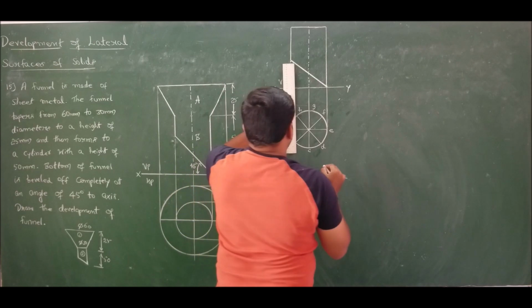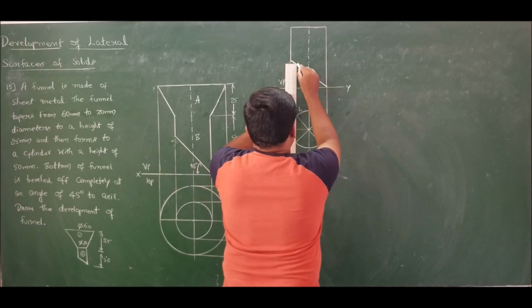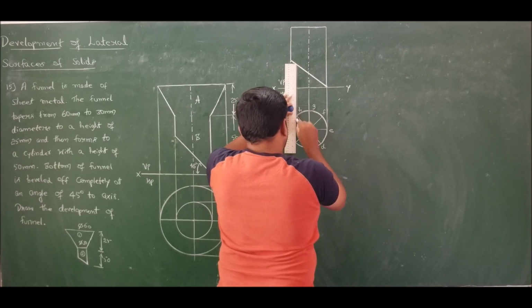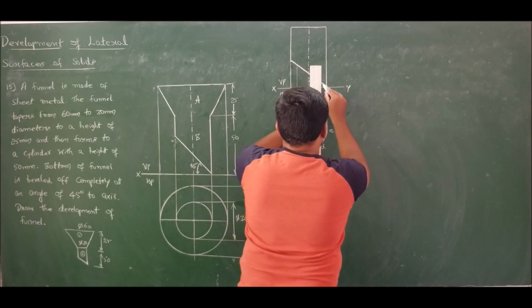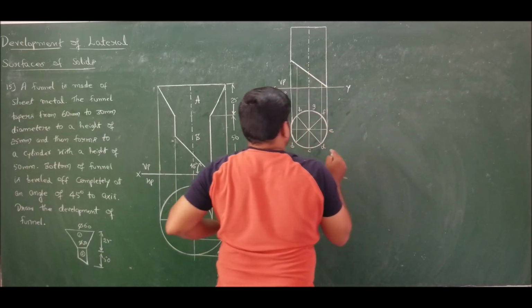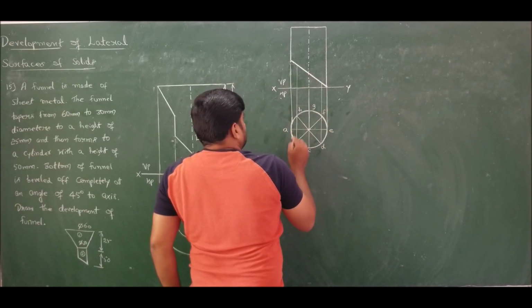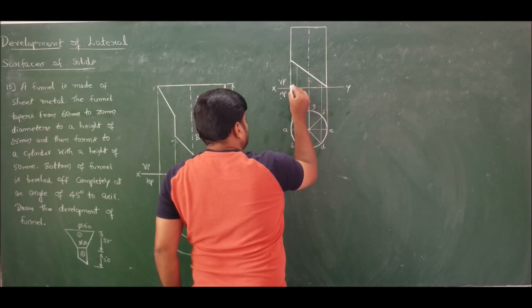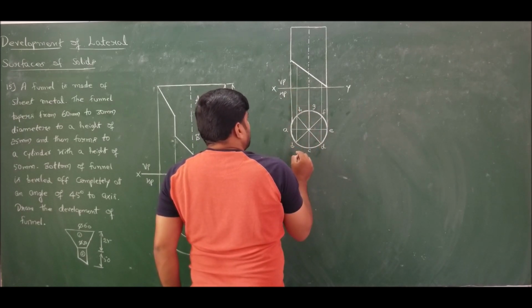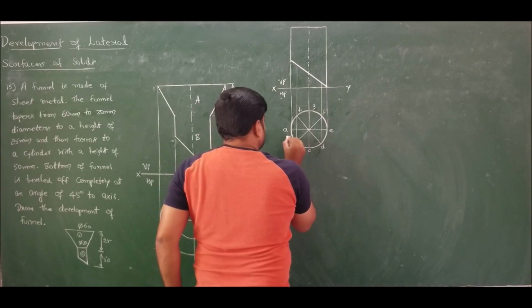Now take the projection. If I take the projection from here and also from here, let us take the markings as A is visible, A1 is invisible.